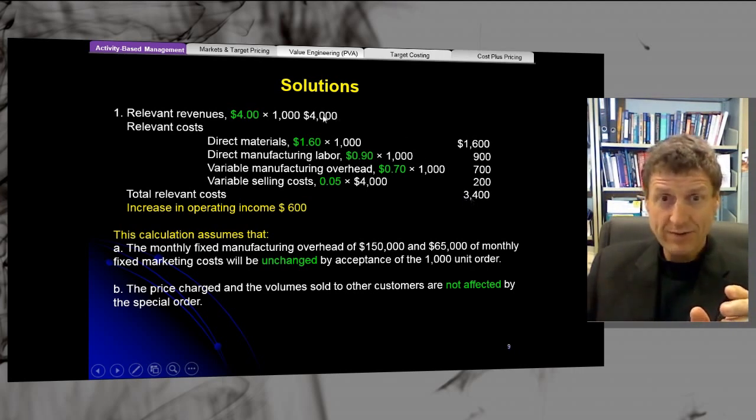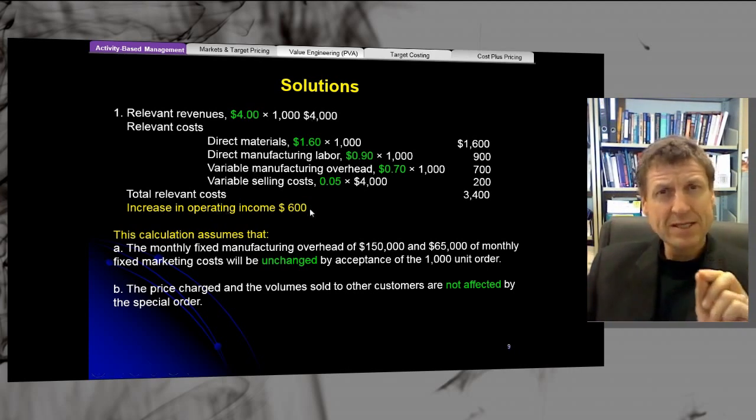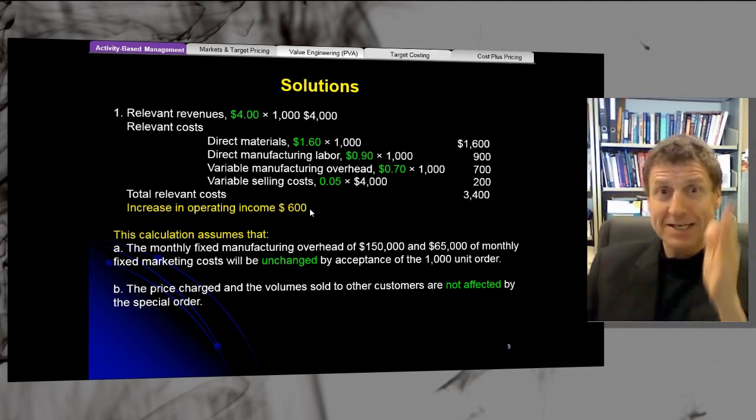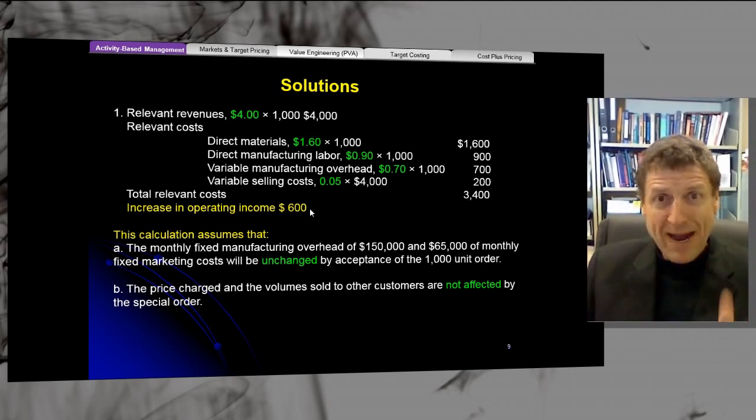Let's take that off the revenue, $4,000. So the increase in operating income is $600. So if the purpose of the decision, yes or no, depends on whether we will make more money this month as a result of making that decision, then the answer is quite simple. Yes, a big yes. It's easy. It's $600 more in the money.